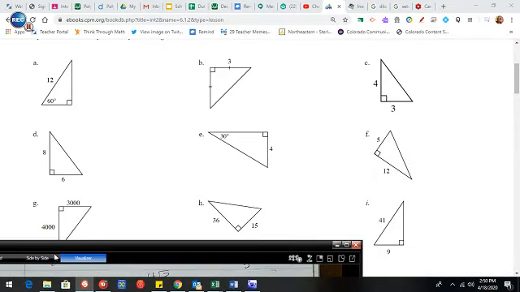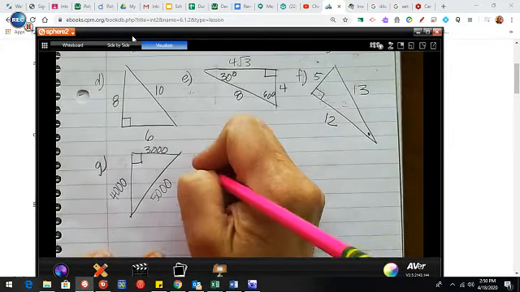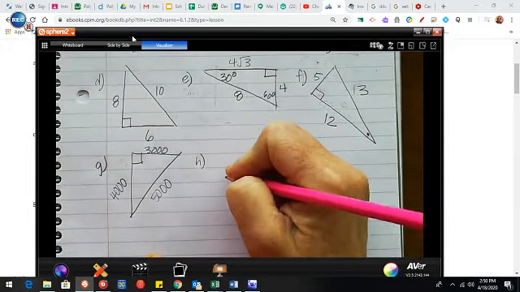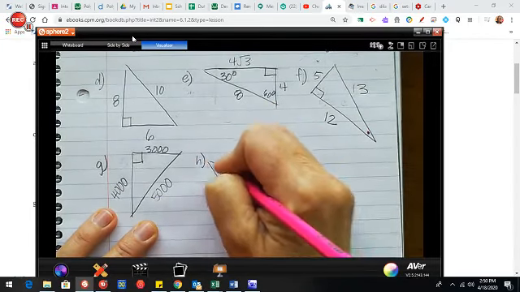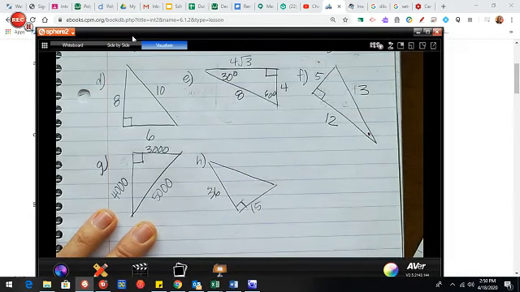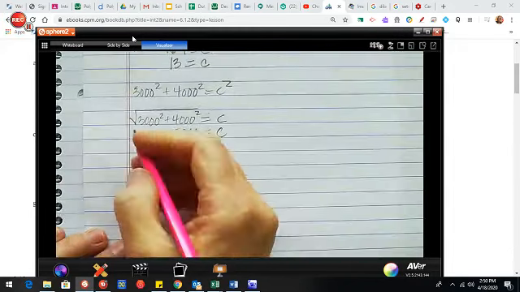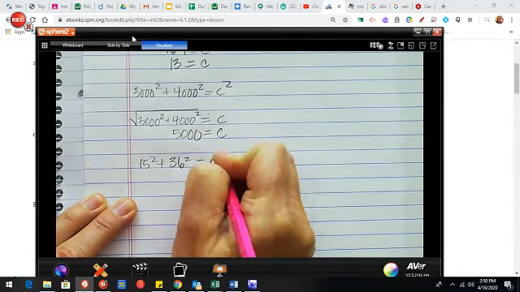Okay, and part H, I've got two legs that are 36 and 15. Okay, let's do Pythagorean theorem. So 15 squared plus 36 squared equals c squared.